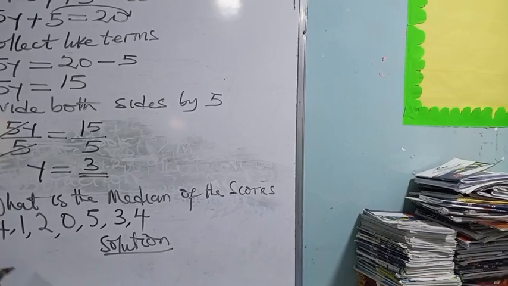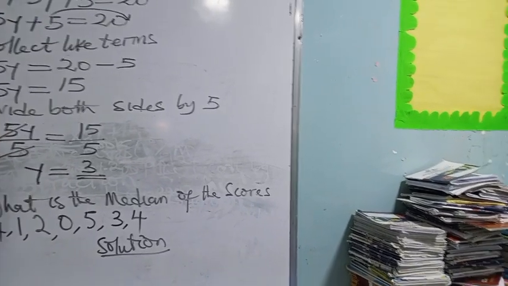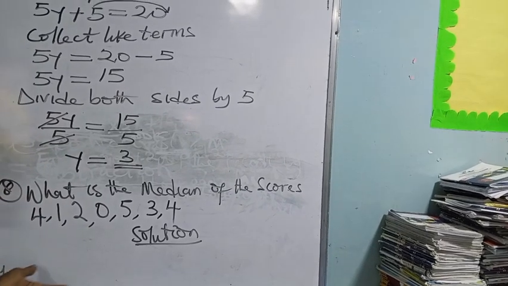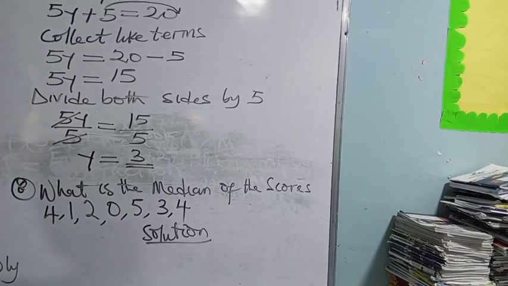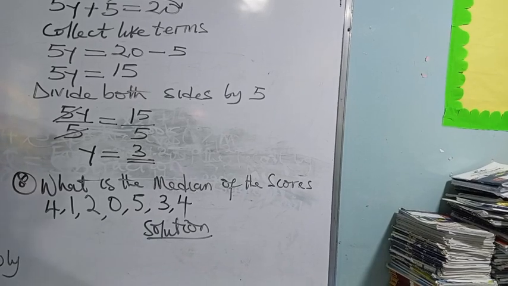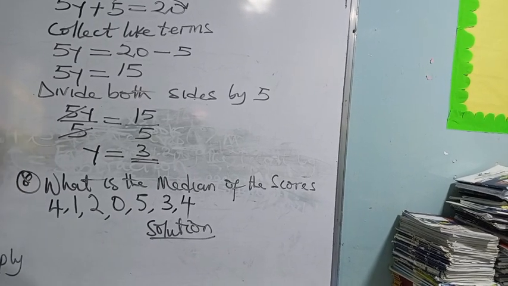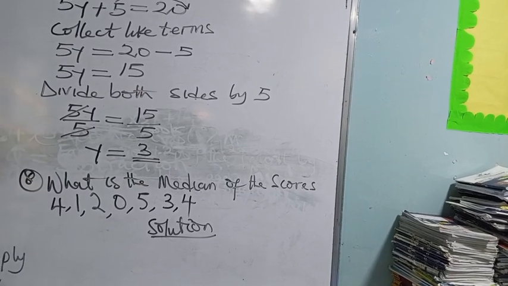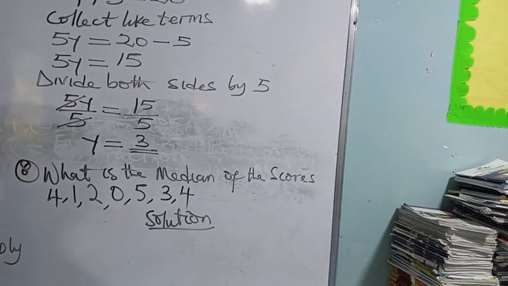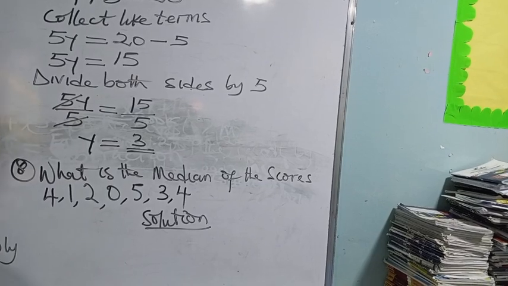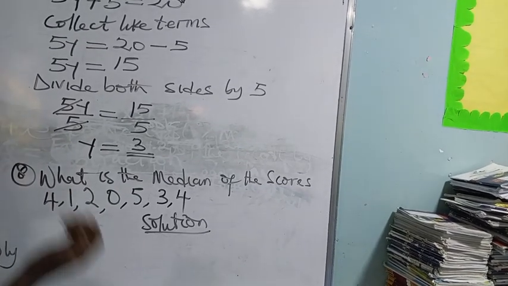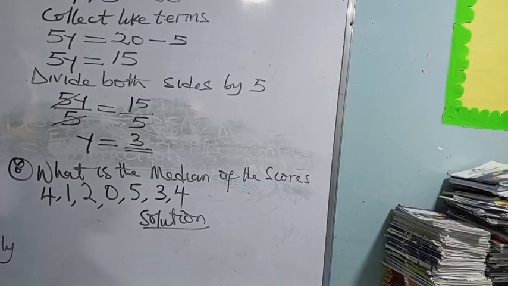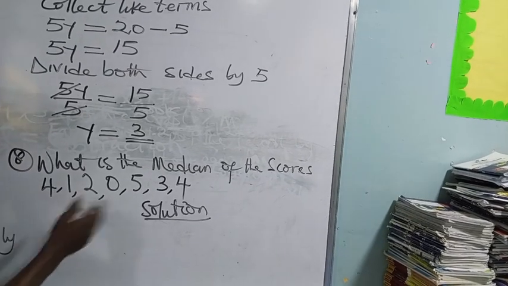To find the median, according to the definition, the median is the middle number after we have arranged our numbers in either ascending or descending order. But in a situation whereby we have two numbers at the center, we add the two numbers together and divide by 2. So let's arrange the numbers.